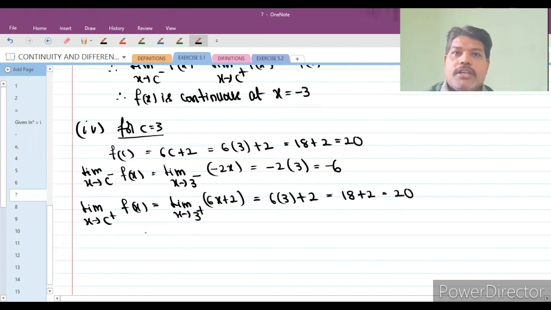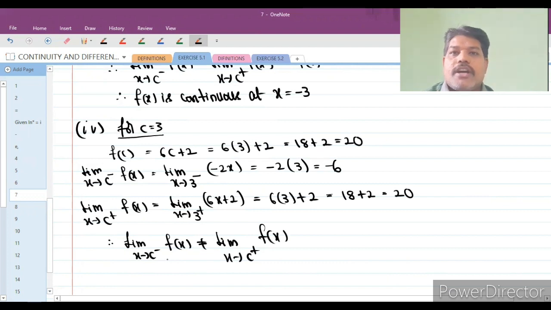Here what I observed is that the right hand limit and the left hand limit both do not coincide. So that means the function is not continuous at x is equal to 3. So we have to write that here. Therefore, limit x tending to c minus f of x is not equal to limit x tending to c plus f of x.